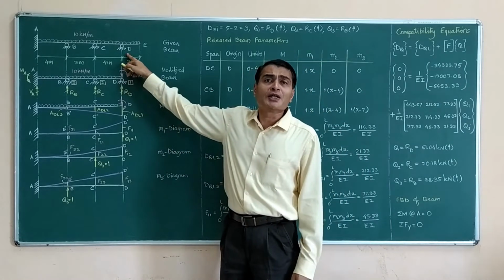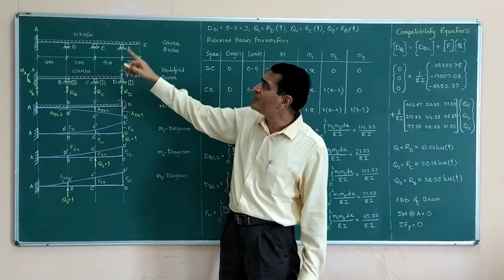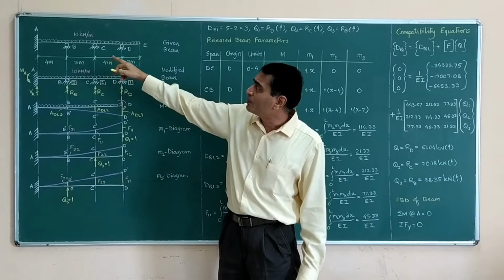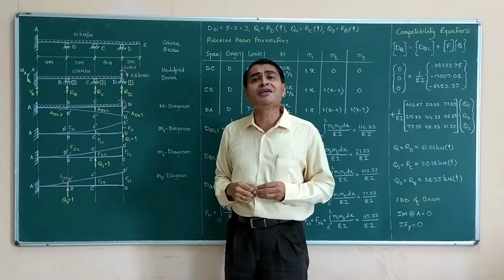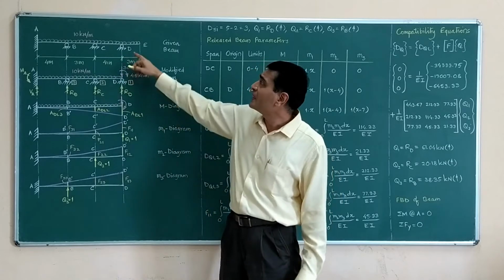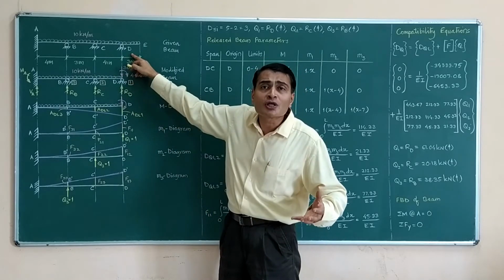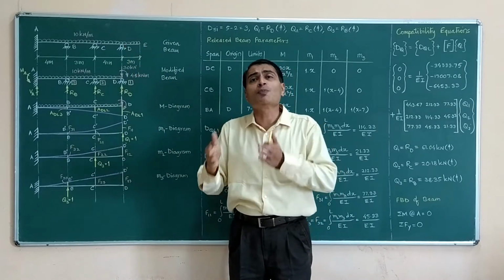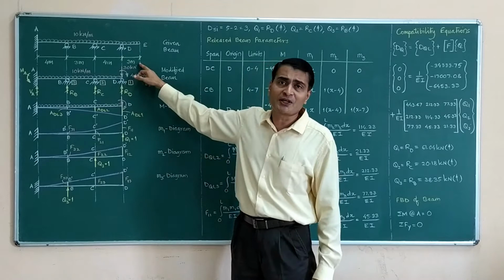So this is our continuous beam, A, B, C, D, E. A is a fixed end, B and C are interior roller supports. Even D is an interior roller support because we have D to E an overhang portion of 3 meters.